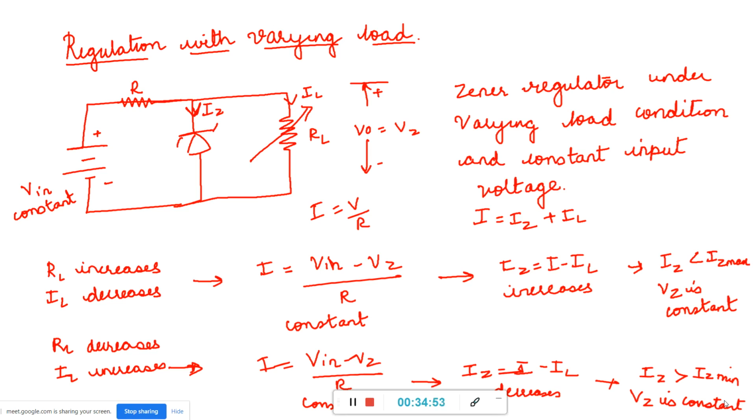If Iz is greater than Iz min, then we get a constant voltage. So Iz should be greater than Iz min, and Iz should be lesser than Iz max, then we get a constant voltage at the output, even if I vary the load resistance RL.